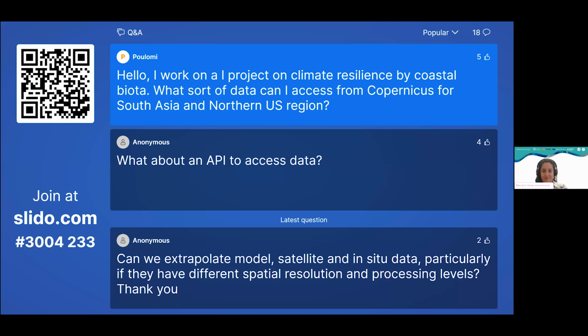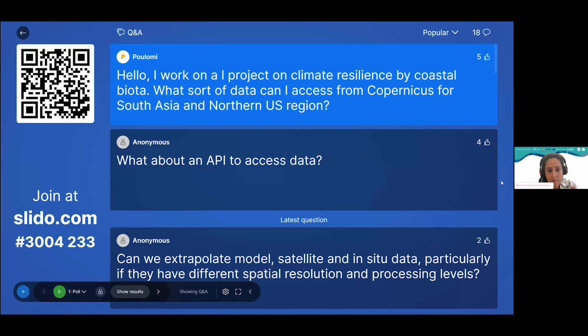Just go on the web portal, and it will be easier to find a path. You use the tools on the web page, and you'll find the data in the area of interest.